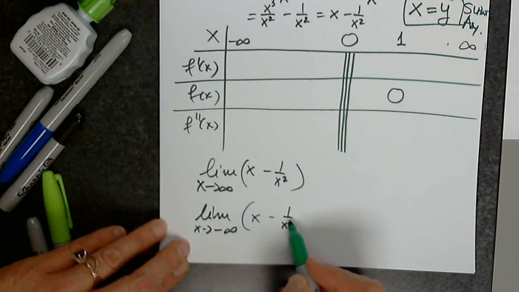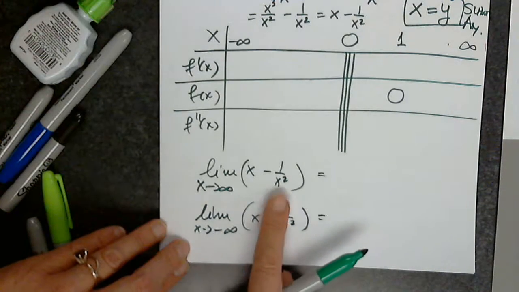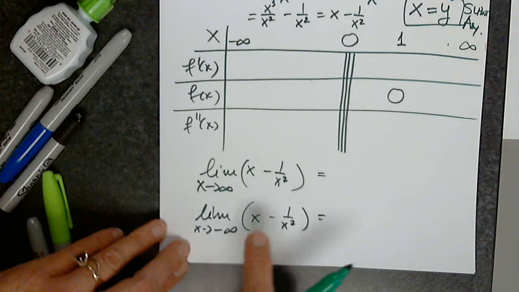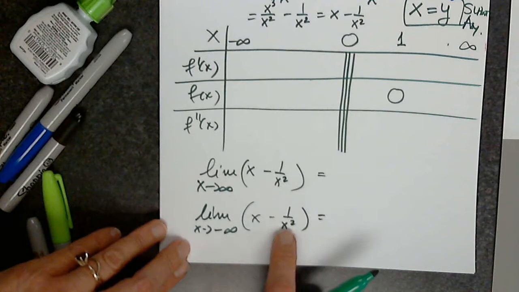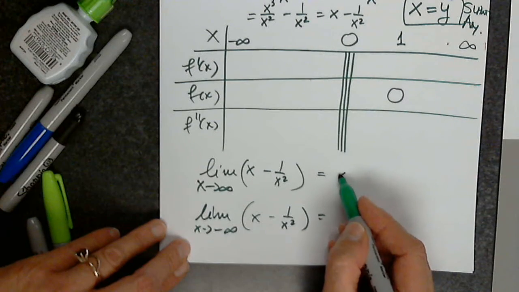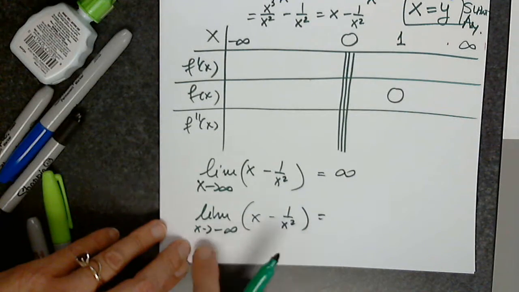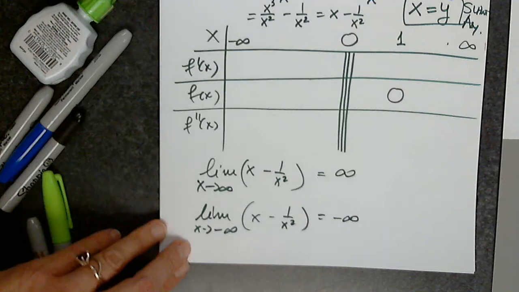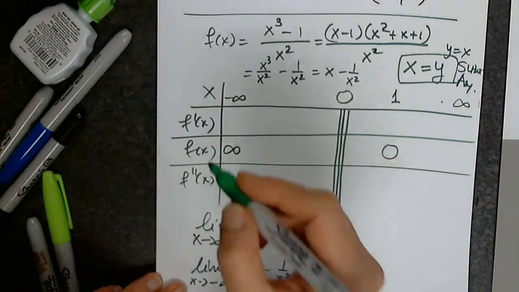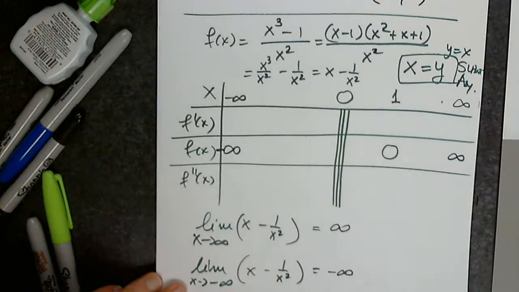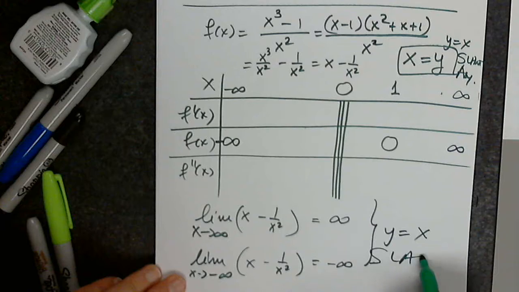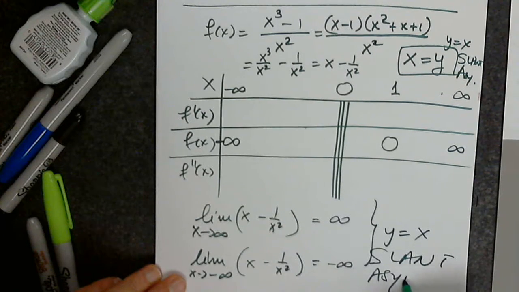When x approaches infinity or negative infinity, where will this piece go? 0. Exactly. So that's how we get negative here and positive here. Y equals x is the slant asymptote.